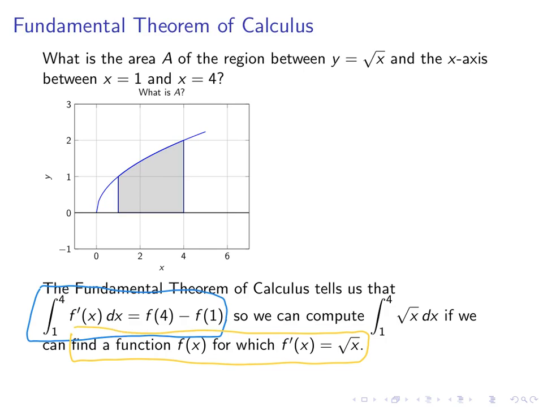When we can do this, we sometimes say f of x is an antiderivative of the square root of x. That's our goal. Find a function whose derivative is the square root of x, which is the same thing as saying find an antiderivative of the square root of x. Then I can just plug in the numbers 1 and 4 and subtract, and that will give me the exact answer.